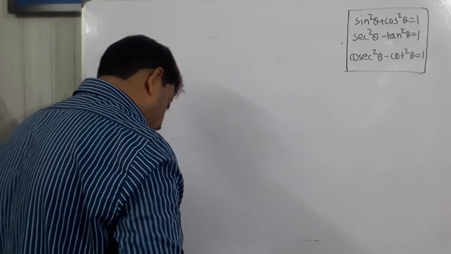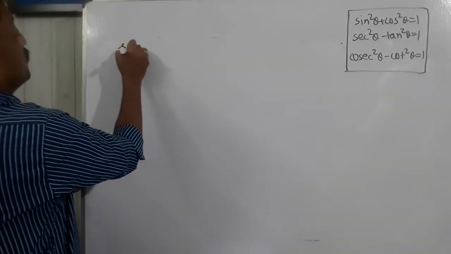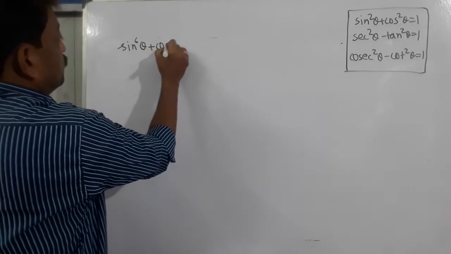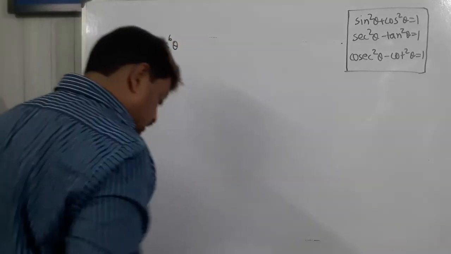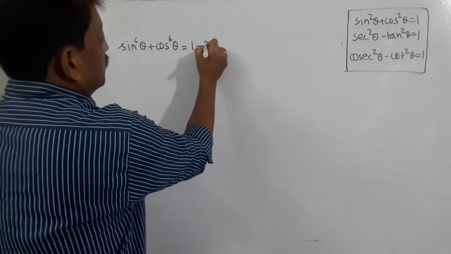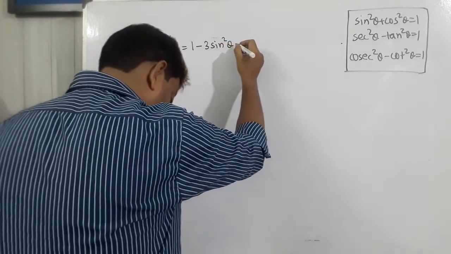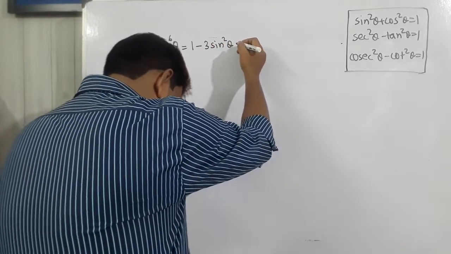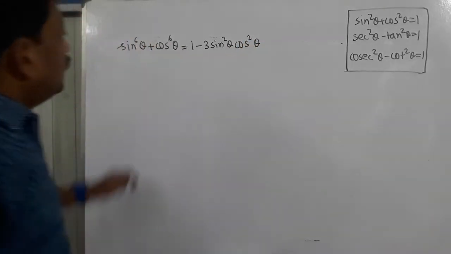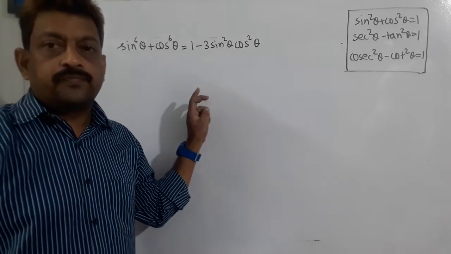It is sine to the power 6 theta plus cos to the power 6 theta is equals to 1 minus 3 sine square theta cos square theta. Okay, so here sine theta and cos theta are raised to the power 6.